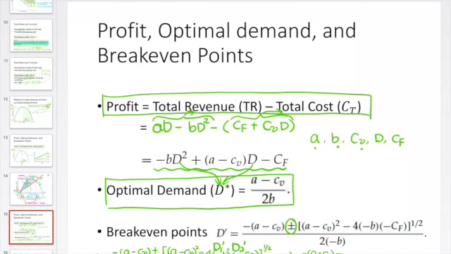Now it's not plus, it's subtract ((A minus C_v) squared minus 4 times minus B times minus C_F) to the power of 1 over 2, over 2 times minus B. So actually, this single function or formula can be divided into this one and this one for the D1 prime and D2 prime.